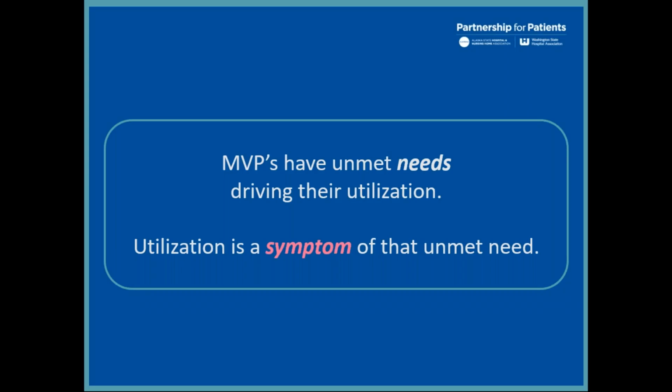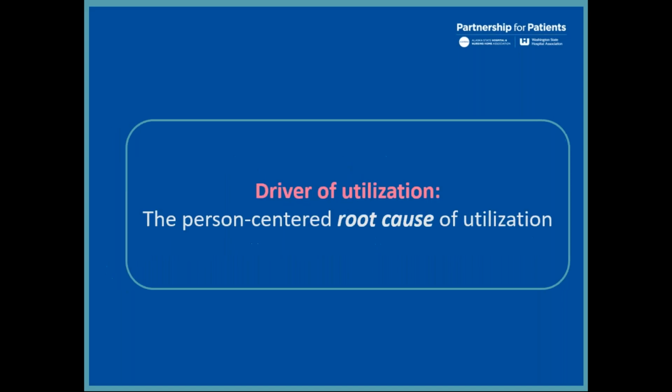As I mentioned, MVPs have unmet needs, and those unmet needs are what drive them to the hospital more than any other patients. The utilization is a symptom of that unmet need, and that's what we call the driver of utilization. So what's bringing this patient to come to the hospital so many times?